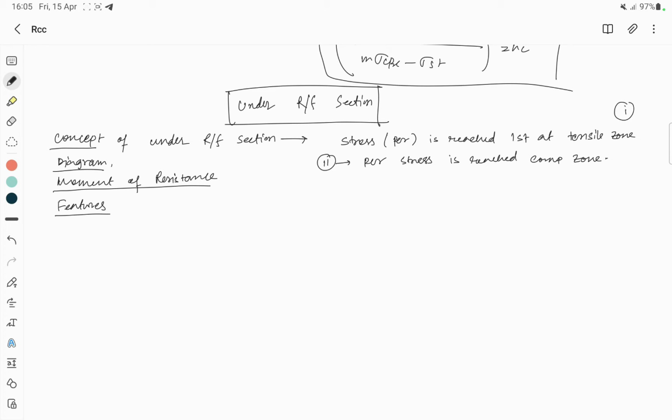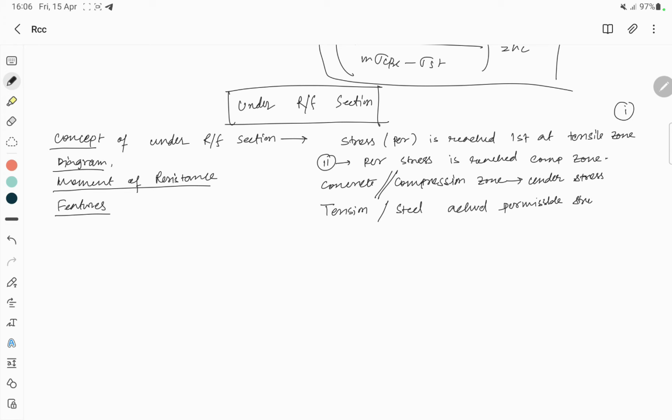That means concrete, or say the compression zone, is under stressed, and the tension zone, or steel, has achieved the permissible stress or strain limit.